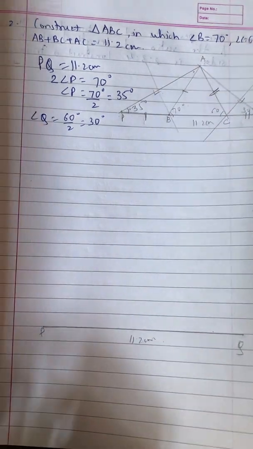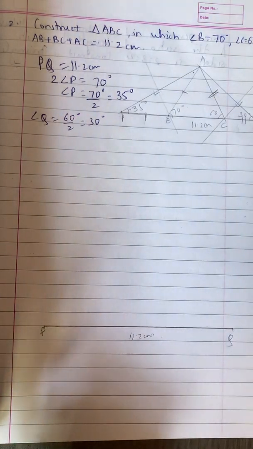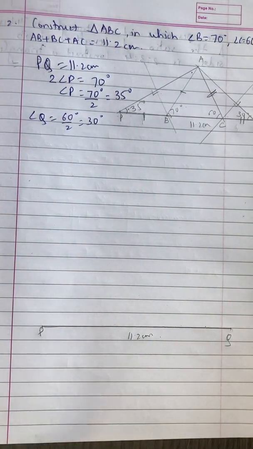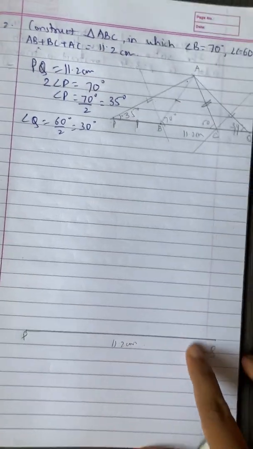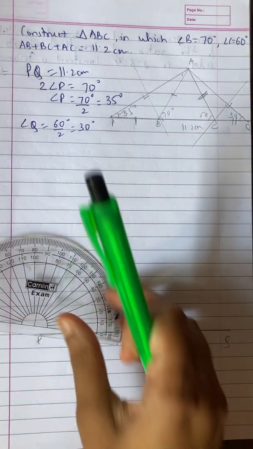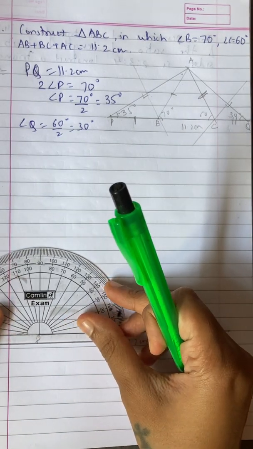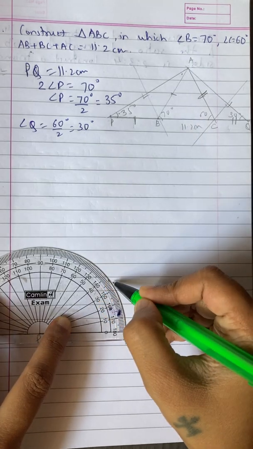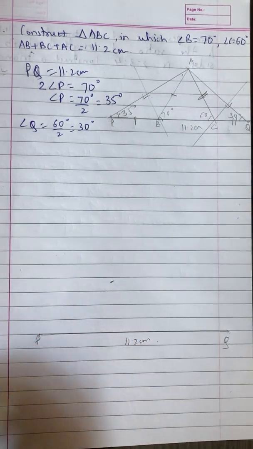So by using the compass, we have to draw. I'll draw angle 35. I'll join.